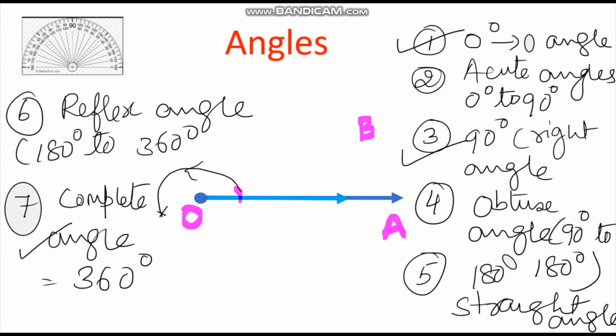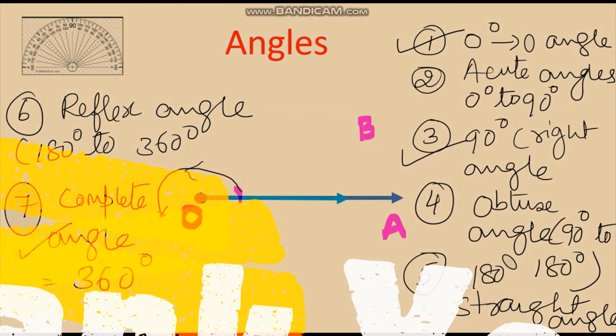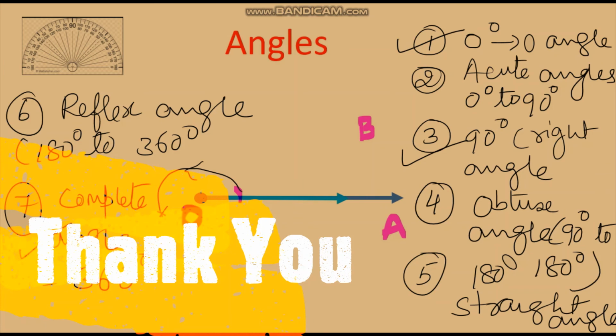When ray OB lies between 0 and 90 degree, you call that the angle formed is acute angle. And when your ray OB lies between 90 degree to 180 degree, then it is known as obtuse angle. And when the ray OB lies between 180 degree to 360 degree, then we say that it is a reflex angle. So we have 7 types of angles.